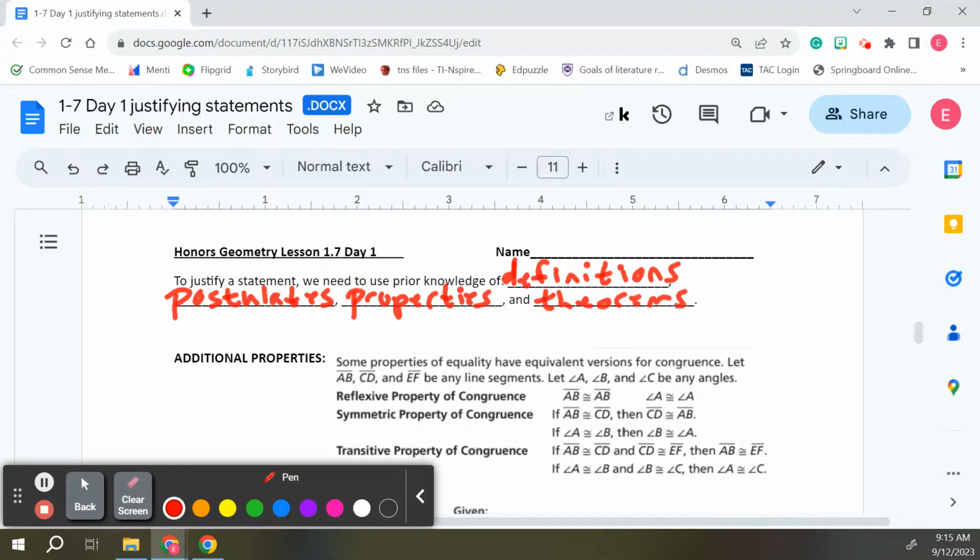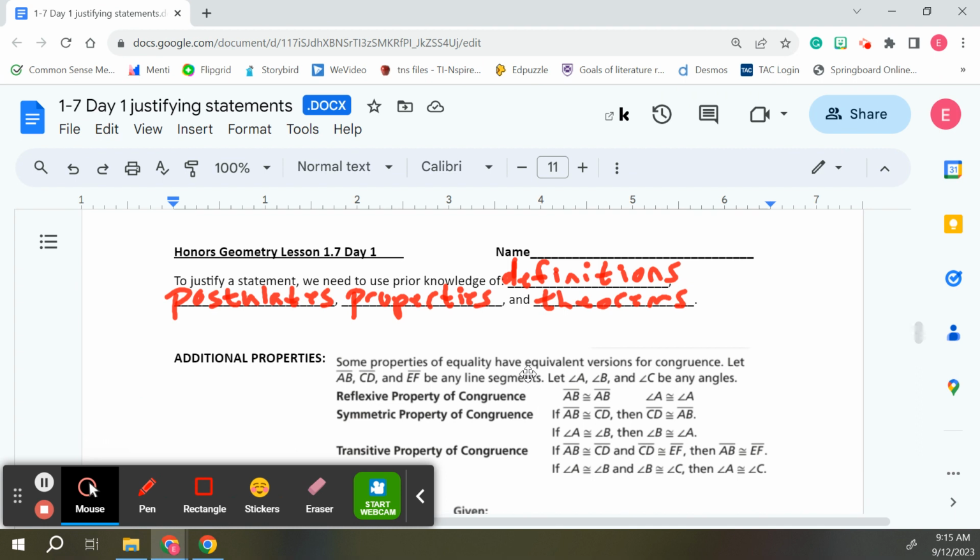So what this is telling you is that in order to proofwrite, nothing is not usable. So that's segment addition postulate, angle addition postulate, definition of perpendicular lines, definition of a midpoint, like you name it, you can use it in proofwriting.